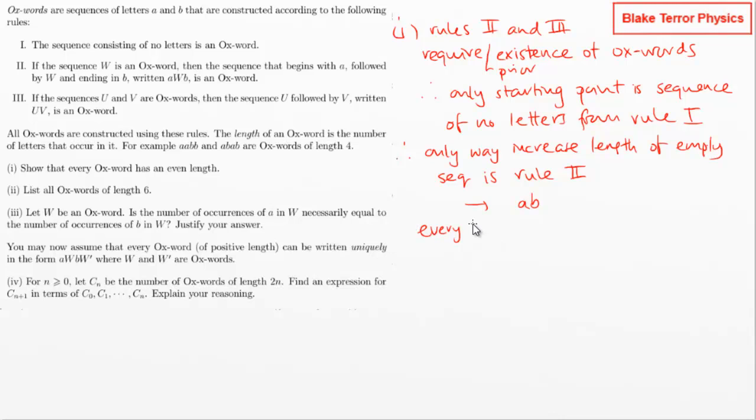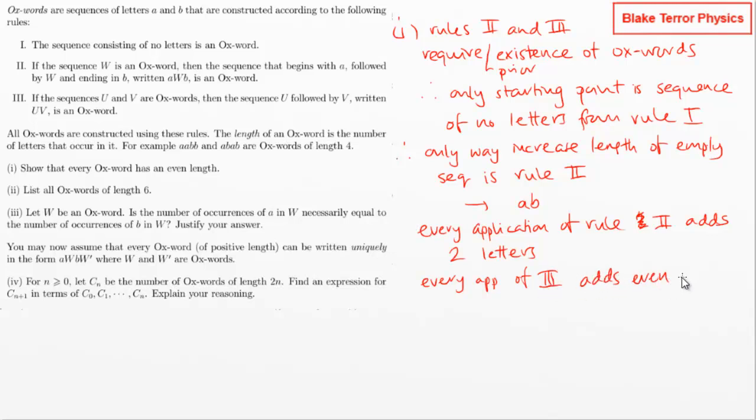Every application of rule 2 adds 2 letters, and every application of rule 3 will just be adding even numbers. So we've only got even numbers from rule 2, and we can only get even numbers from rule 3. Right, okay, so they're all even in terms of length.